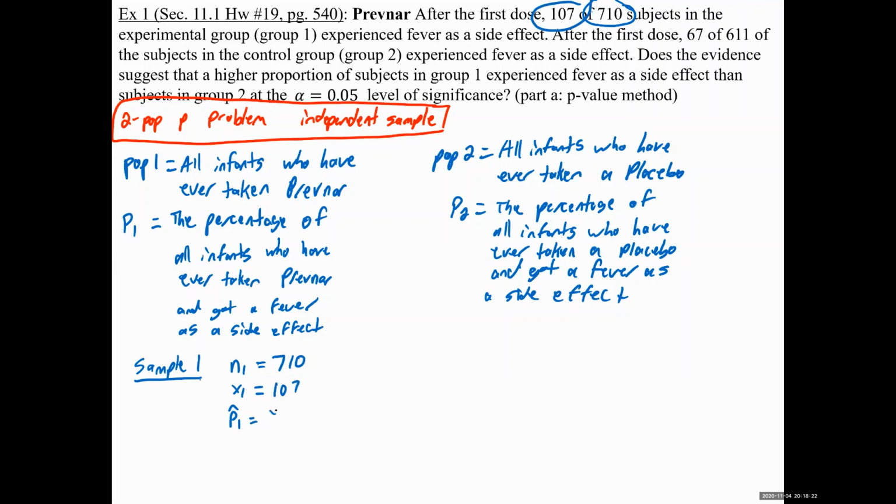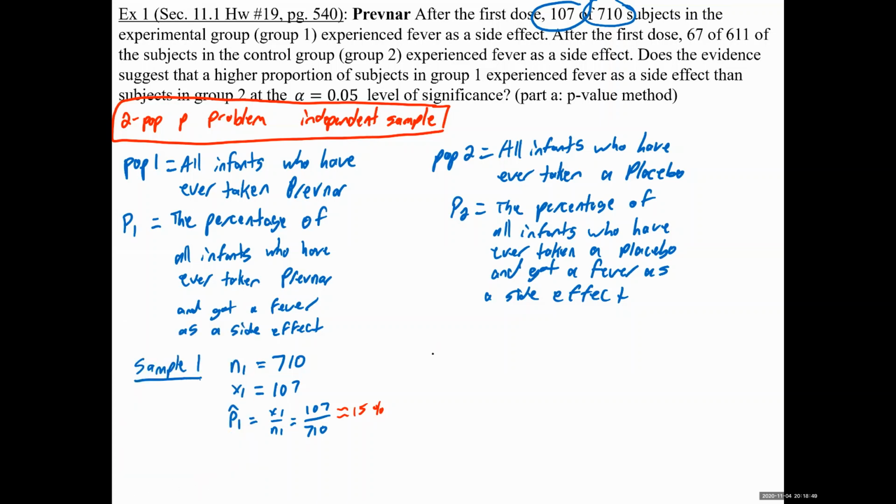P1 hat, there's a formula for it. It's X1 over N1, but you just divide the numbers. Always put the smaller number on top, 107 over 710. Now, if you calculate this on the calculator, it's going to be a long, ugly number. So leave it as 107 over 710. There's no problem with leaving it like that. If you're dying to know what it is, about 15%. But I'm just going to put that in there so you know what it is. But I want to use the fraction answer because it's not rounded.